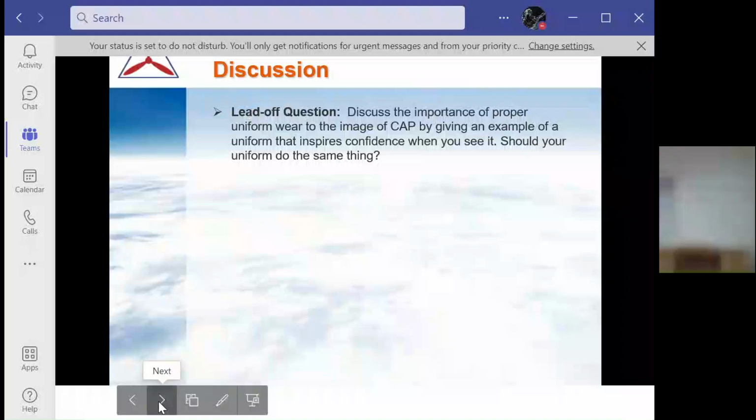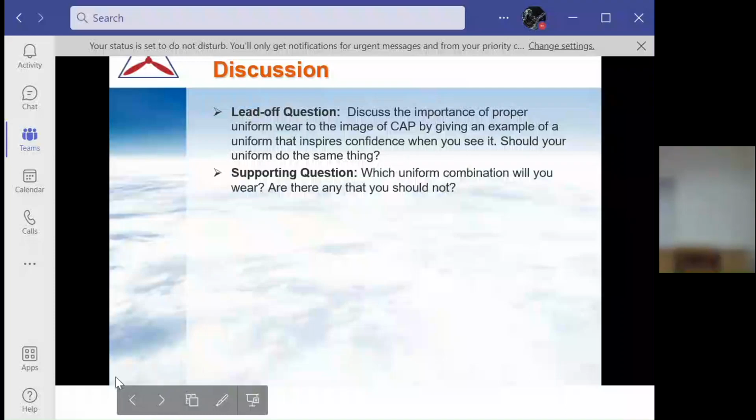And then should your uniform inspire others? Of course. Which uniform combination will you wear?